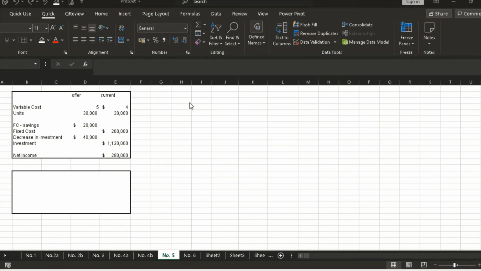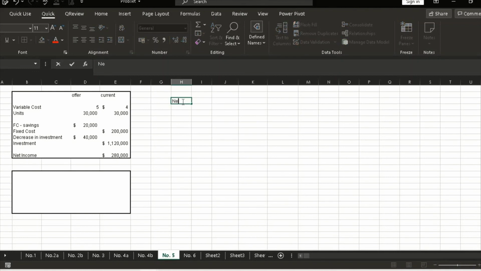To properly assess whether we should accept the offer or not, we must first measure how much its effect is on our residual income. To start, we must adjust our net operating income to the changes in our cost.